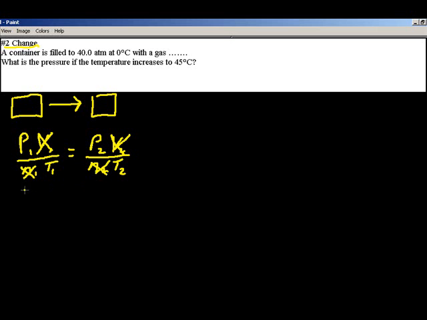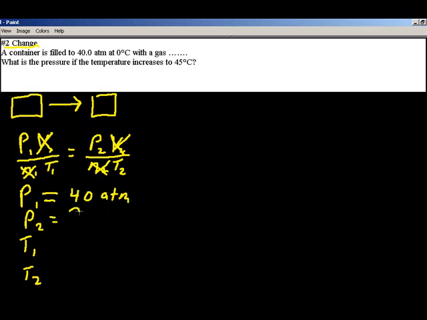The result is my equation reads P1 over T1 equals P2 over T2.